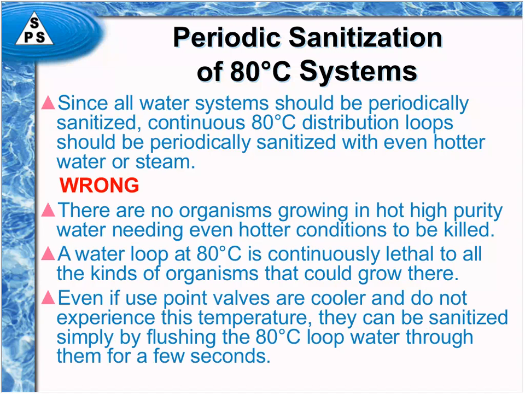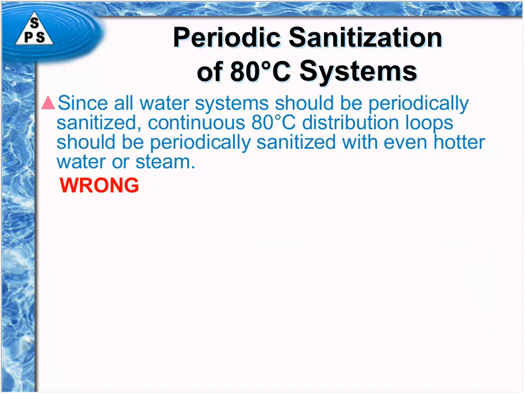So if you do happen to have point-of-use valves or other kinds of valves that are cooler than the actual circulating water behind them, then all you got to do is flush that 80-degree water through that valve just for a few seconds. Obviously, with organisms that die in milliseconds, it doesn't take more than a few seconds at that temperature to kill those same organisms.